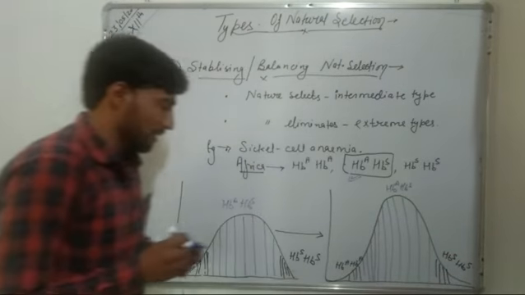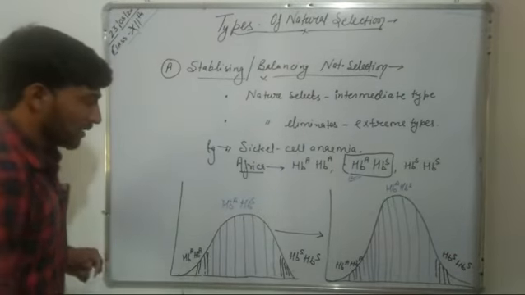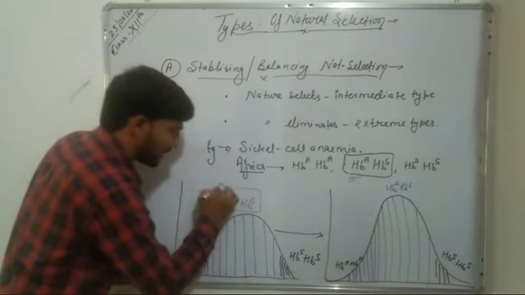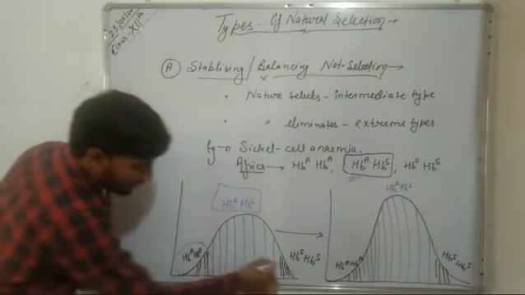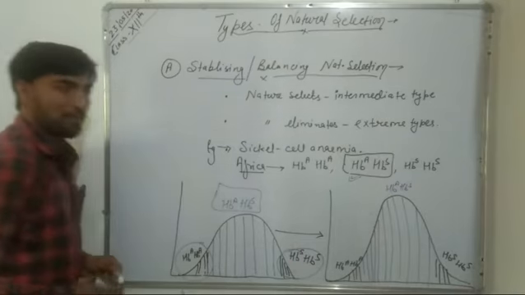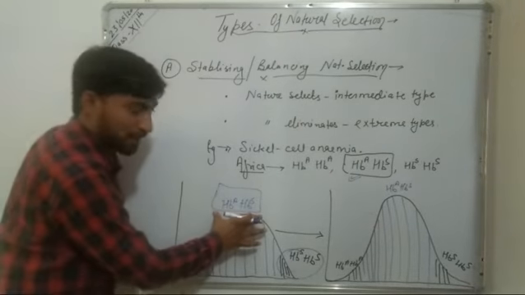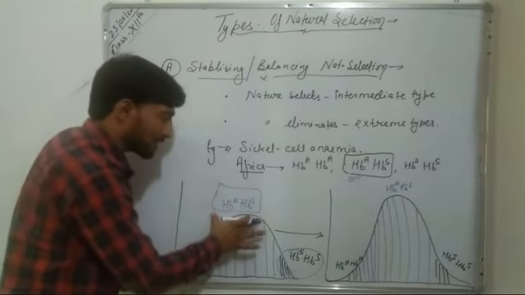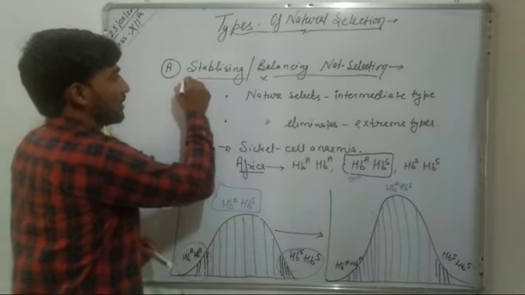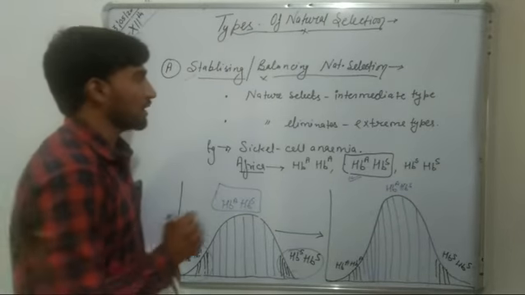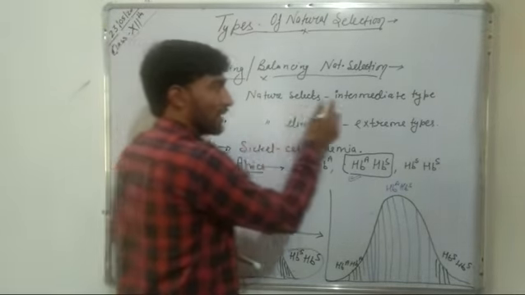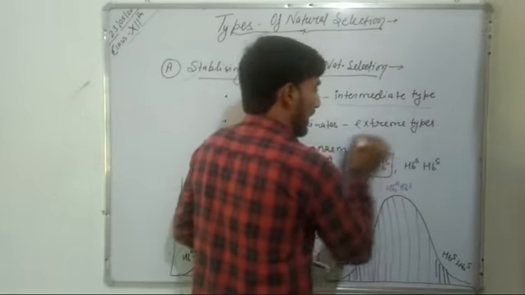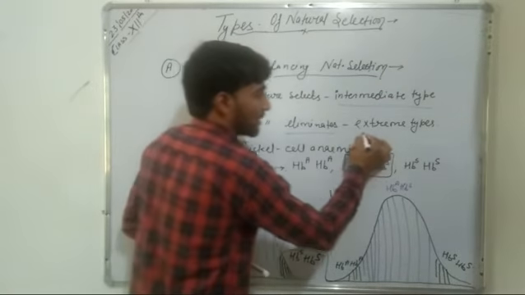In this condition, what did nature select? Nature selected the intermediate type, and it eliminated the extreme types. Such type of natural selection is known as stabilizing natural selection or the balancing natural selection, in which nature selects the intermediate types and eliminates the extreme types.